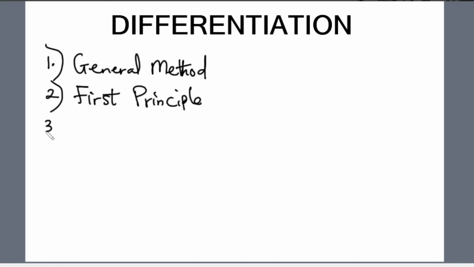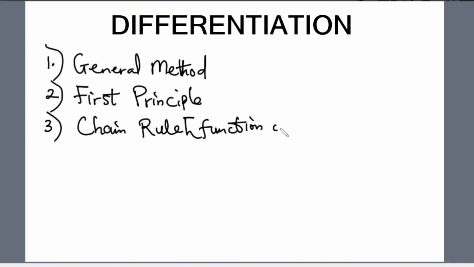And then the third method is the chain rule, or function of a function, or function of several functions.